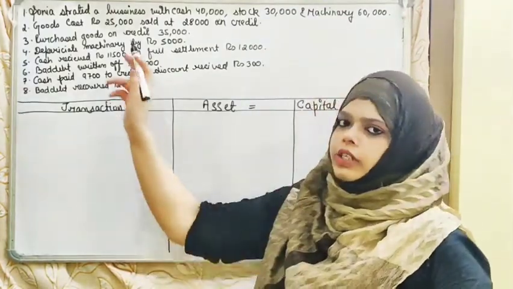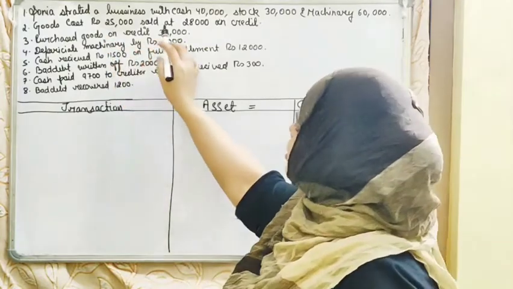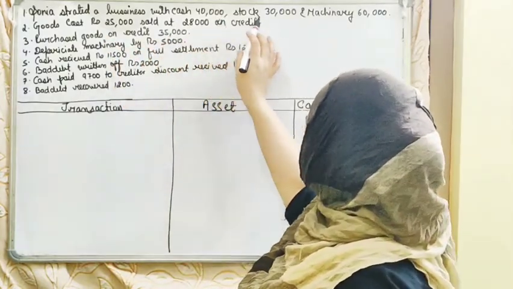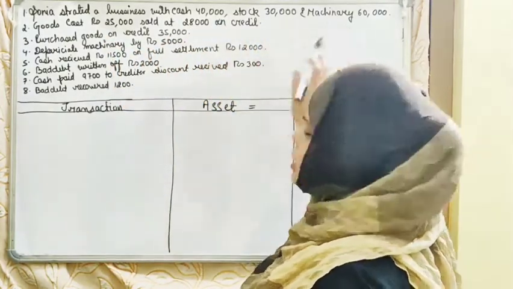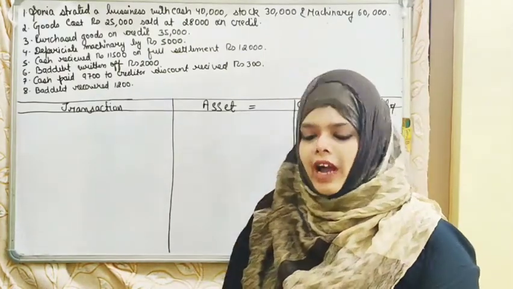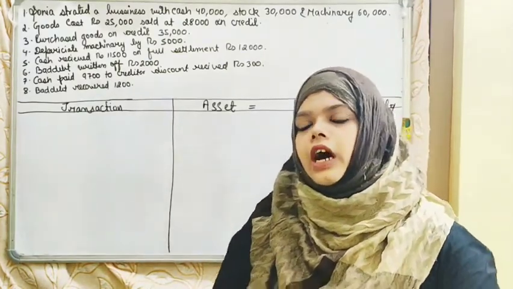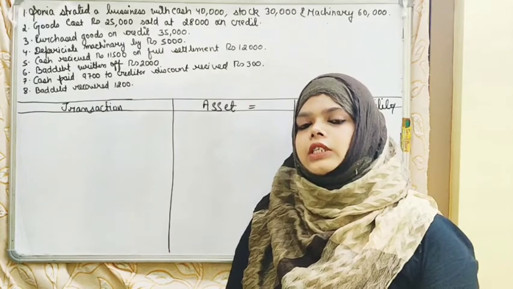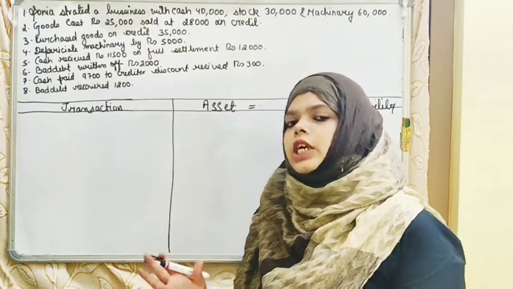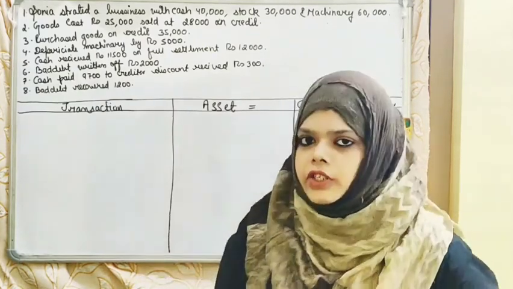Coming to your first transaction: Sonia started a business with cash rupees 40,000, stock rupees 30,000 and machinery 60,000. So here we have multiple things going on in a single transaction.